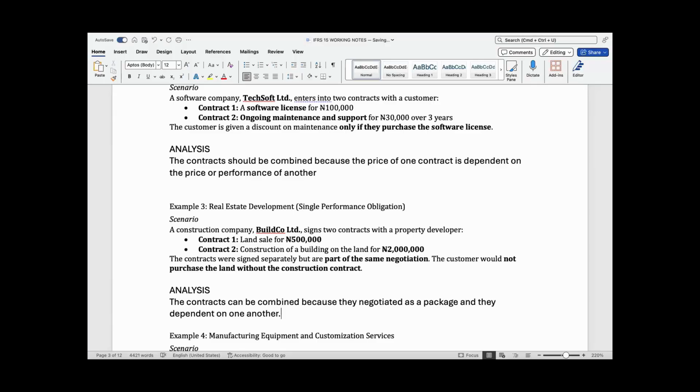They are dependent on themselves because the customer will not have purchased the land without the building. So ultimately, they would have a single performance obligation. Ultimately, the output is the property itself. They will have a single output.